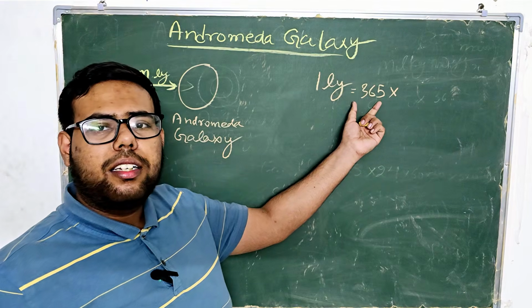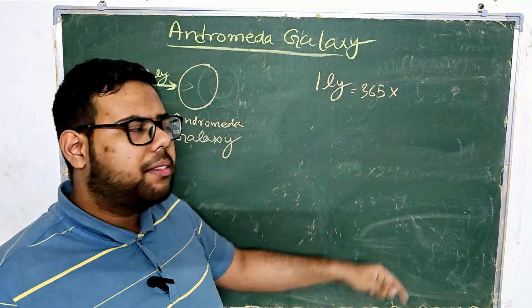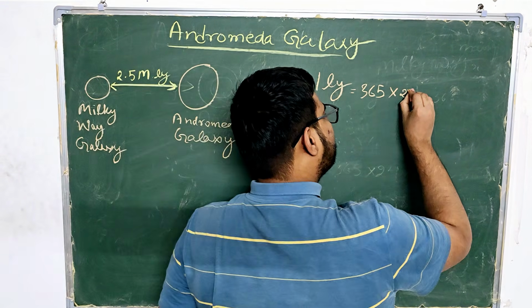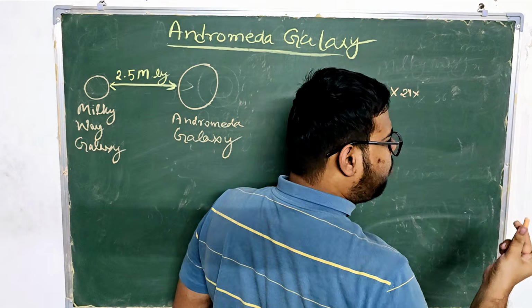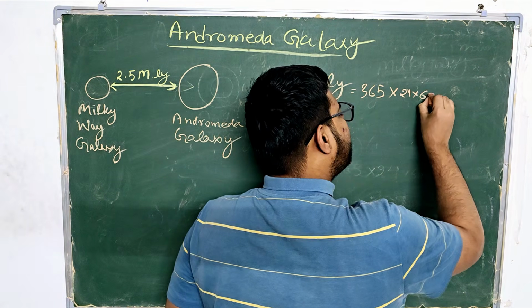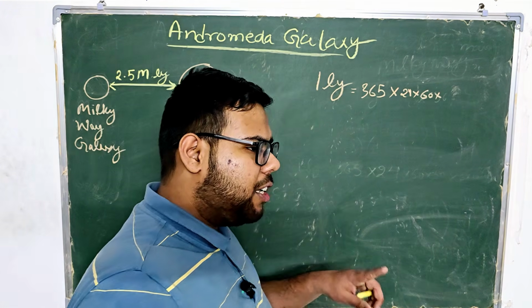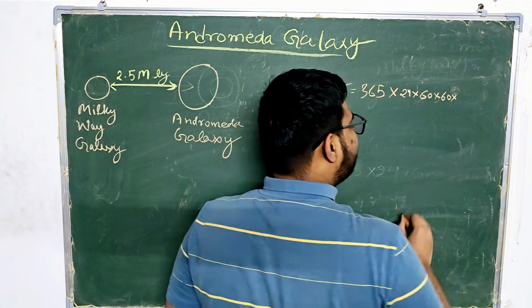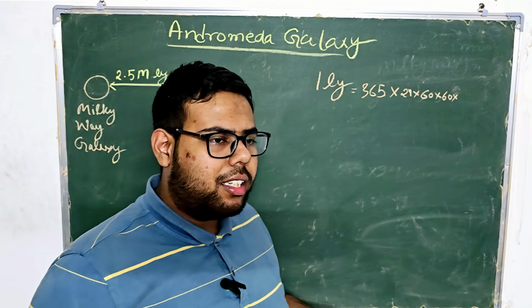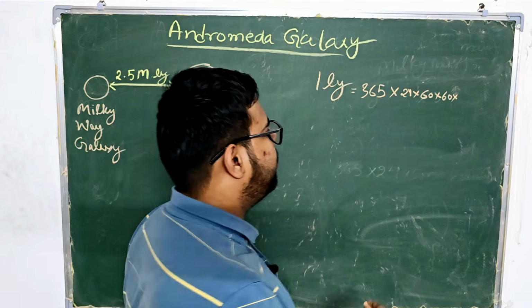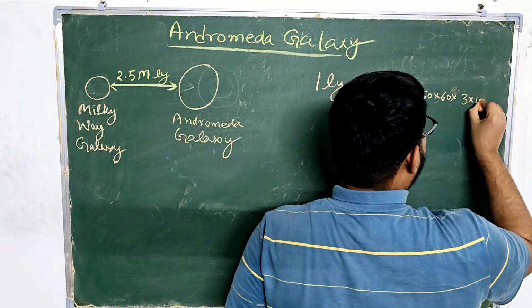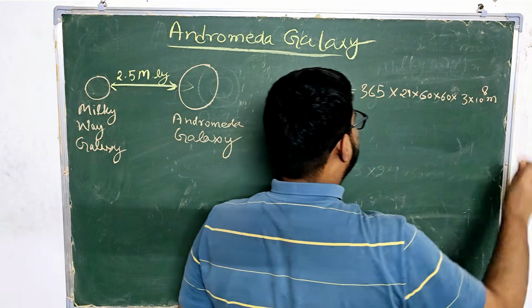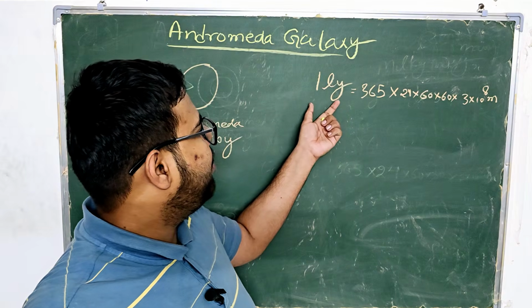How many hours are there in 1 day? 24 hours. In 1 hour, how many minutes? 60 minutes. In 1 minute, how many seconds? 60 seconds. And in 1 second, the distance traveled by light is 3 into 10 raised to the power 8 meters. So this is the value of 1 light year.